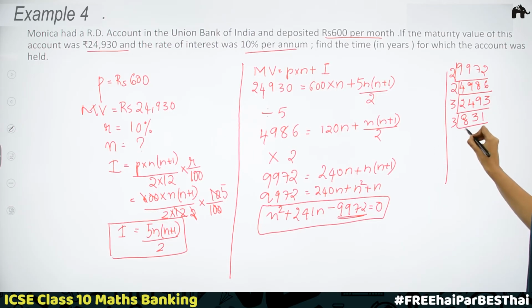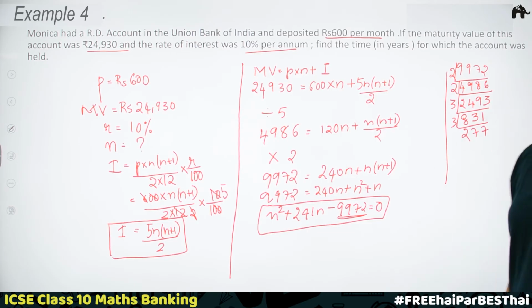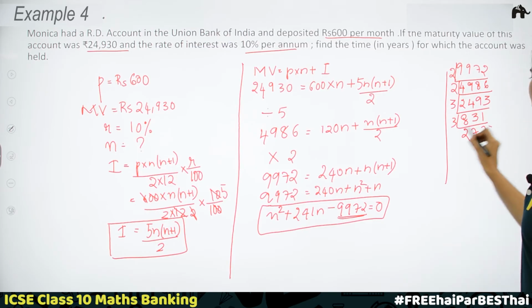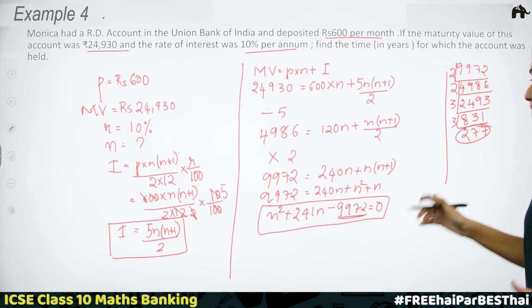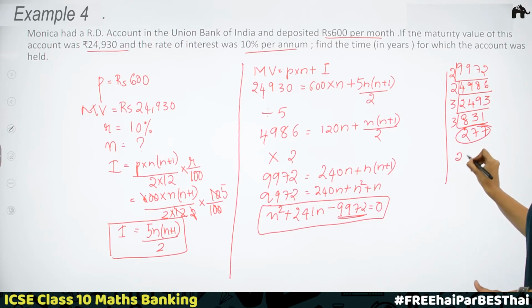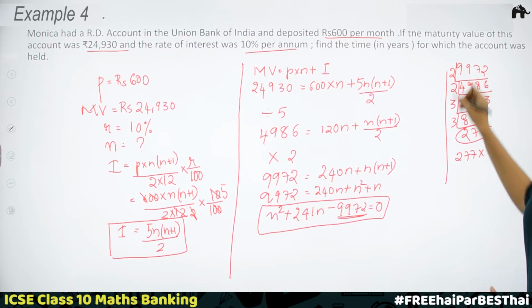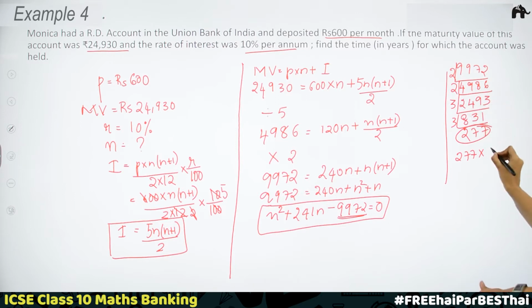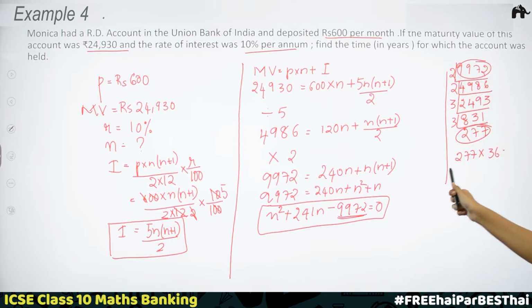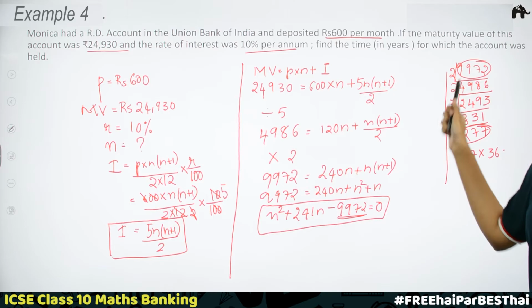You will be getting 277. Now this 277 is a prime number, which means we cannot further divide with any other prime numbers. That is 277 into multiplying all these values, that is 2 into 2, 4, 4 into 3, 12, 12 into 3, 36. Multiplying 277 and 36, you will be getting this value, which means these are the factors.